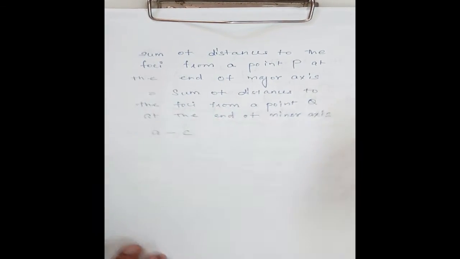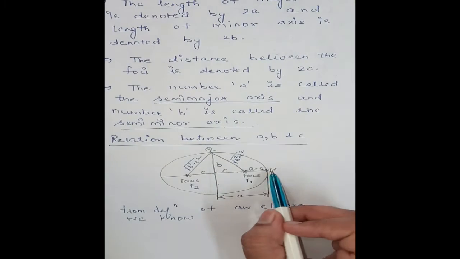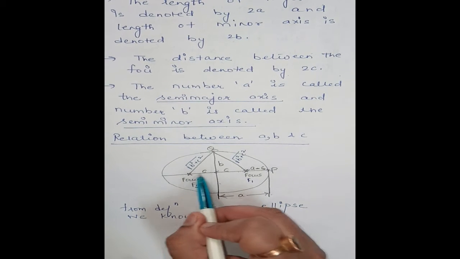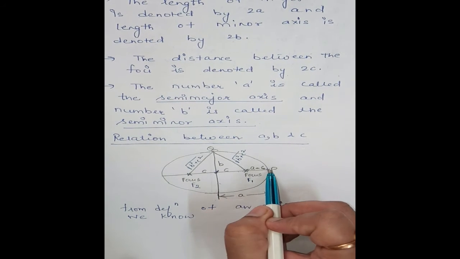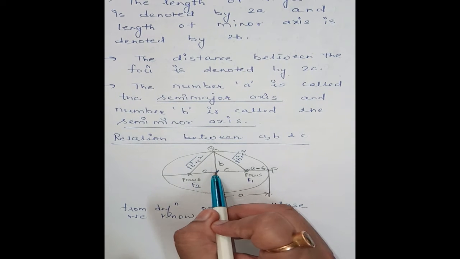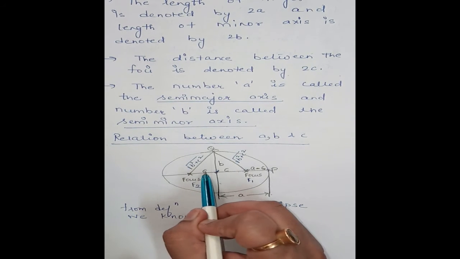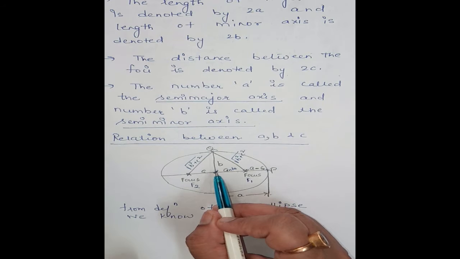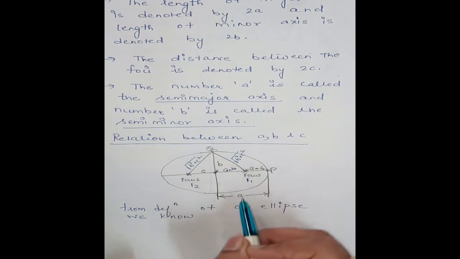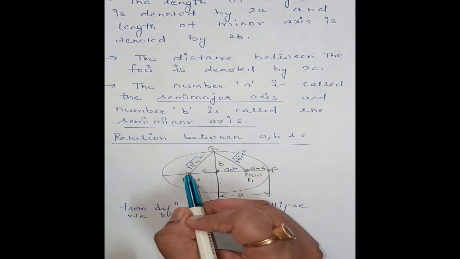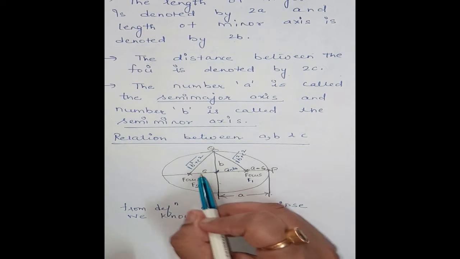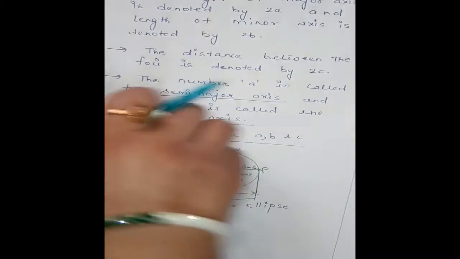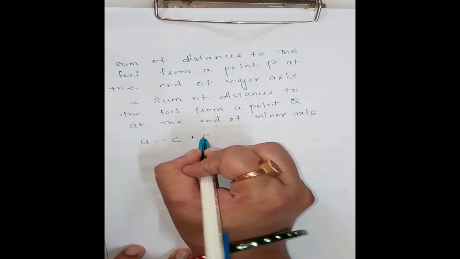Now the distance of P from the second focus: this whole distance is a plus c. The distance of P from the center is a, and from the center to focus F2 is c. Therefore, this whole distance will be a plus c.